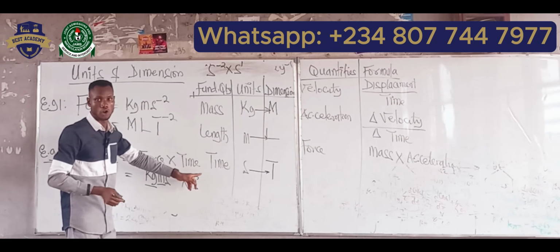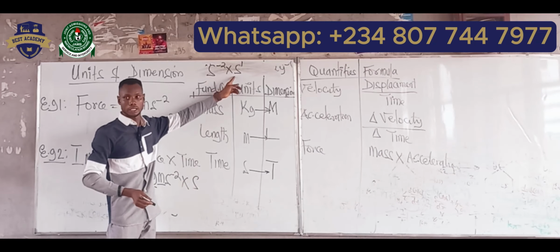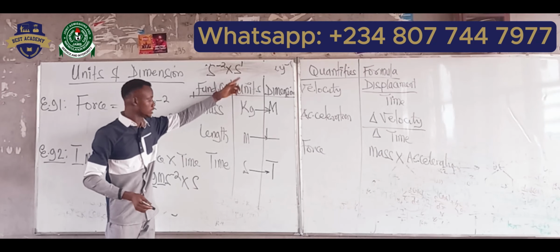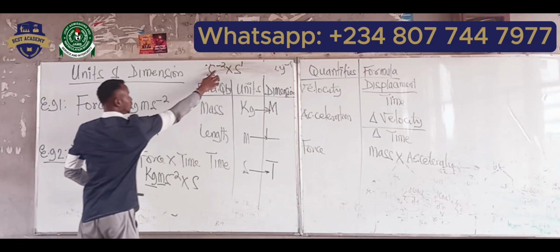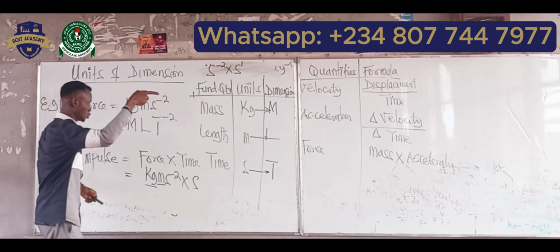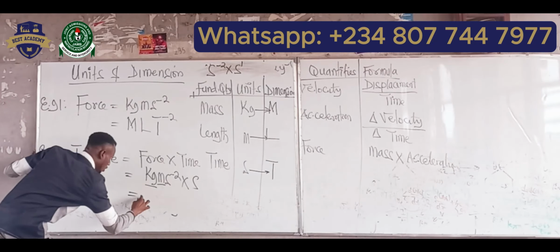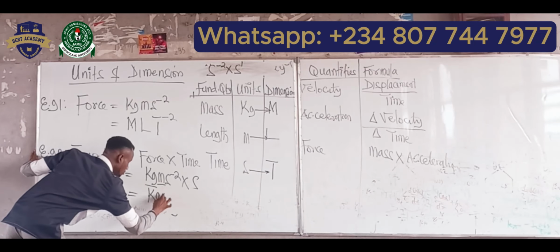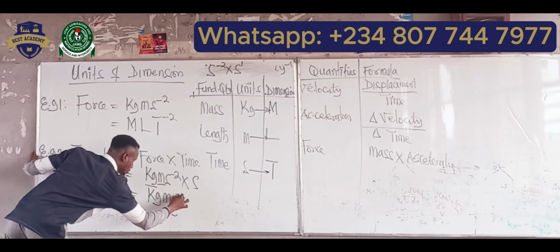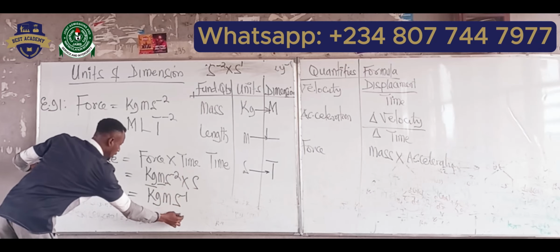I take one base and add up their powers. So this is minus 2 plus 1, which is minus 1. So our impulse will be kg meter per second. This is our unit.